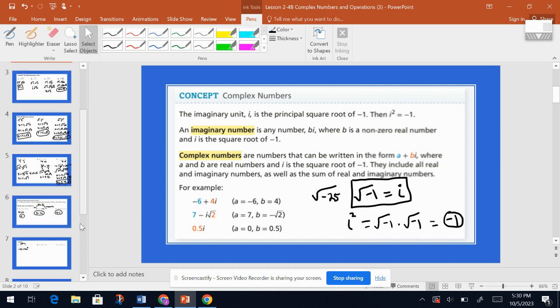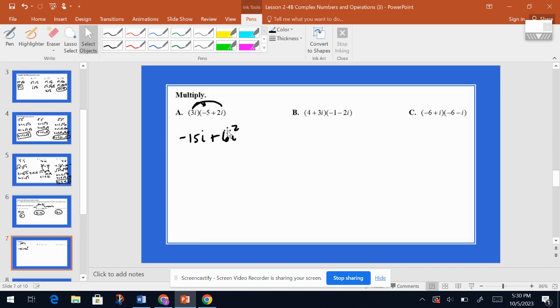So I will never have i squared in my answer because I can always substitute a -1 for that. So it'd be -15i plus 6 times -1, which would be -15i minus 6. And then we write it in standard form, so we would put -6 minus 15i.